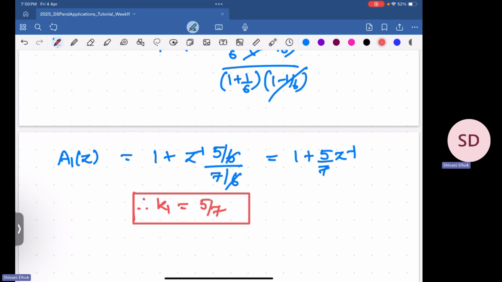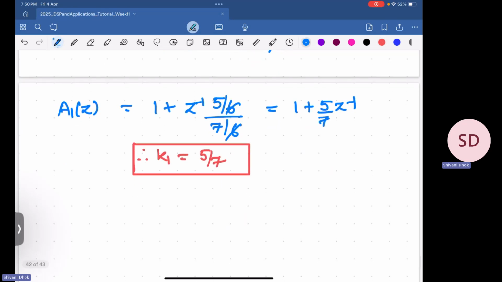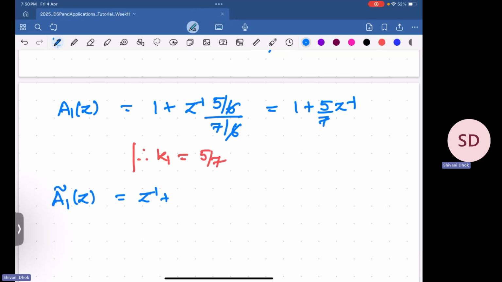Is this part clear? Now A1 of z is this. Similarly, A1 tilde of z will be z inverse plus 5 by 7.